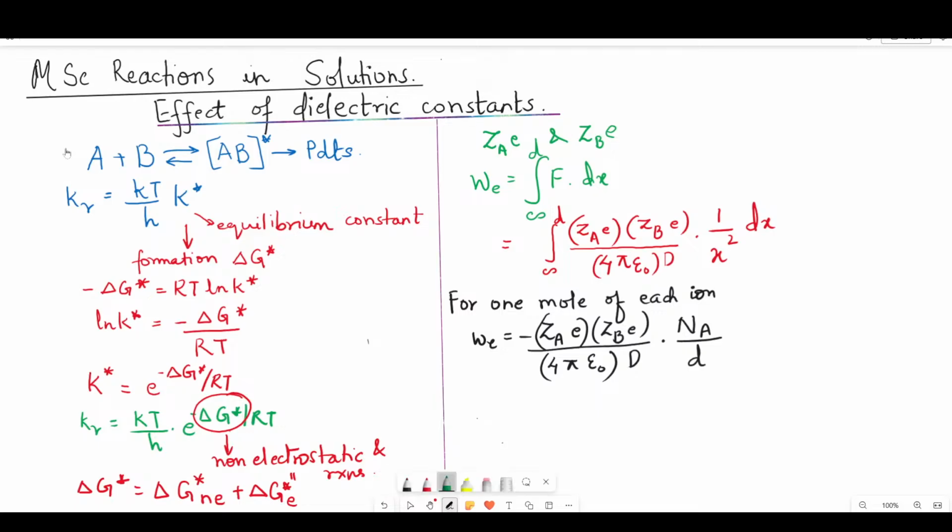Since change in free energy delta G is equal to the amount of work done, the value of delta G E star will be equal to WE, work done by electrostatic reaction.